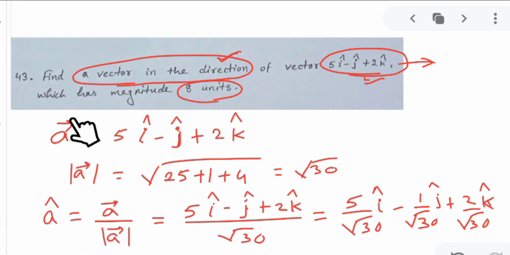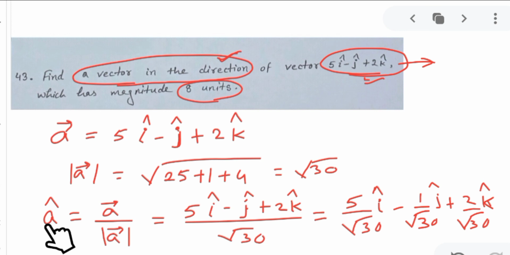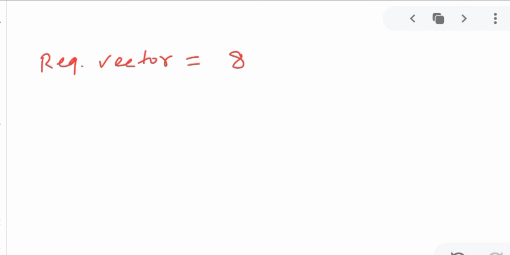And now the required vector has magnitude 8. So I will write it like this: required vector is nothing but magnitude 8 and direction this unit vector A. So this is the magnitude and direction is A cap, unit vector A cap.